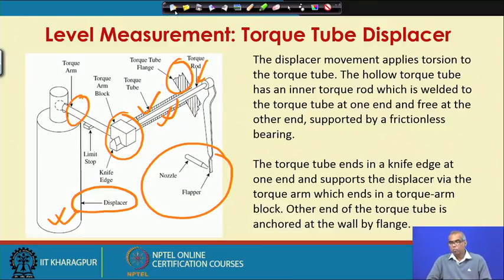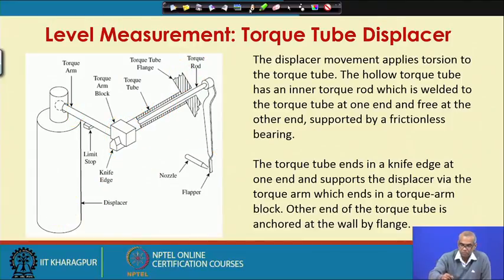So, the displacer movement applies torsion to the torque tube. The hollow torque tube has an inner torque rod which is welded to the torque tube at one end and free at the other end, supported by a frictionless bearing. This is the displacer and this is the torque tube.